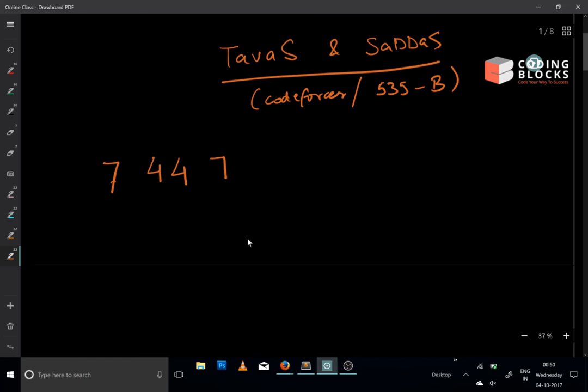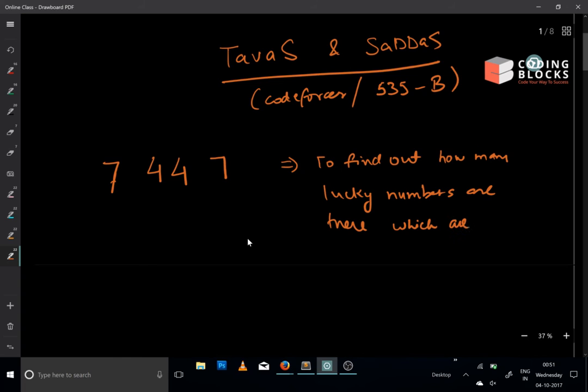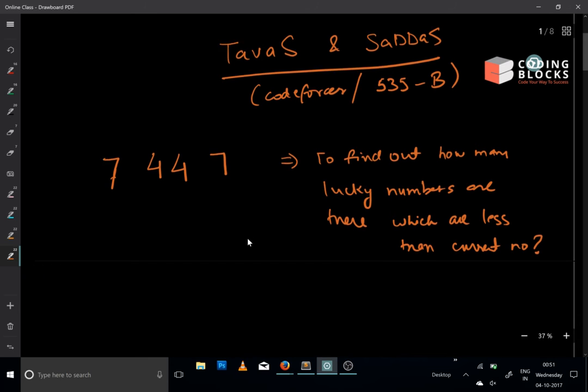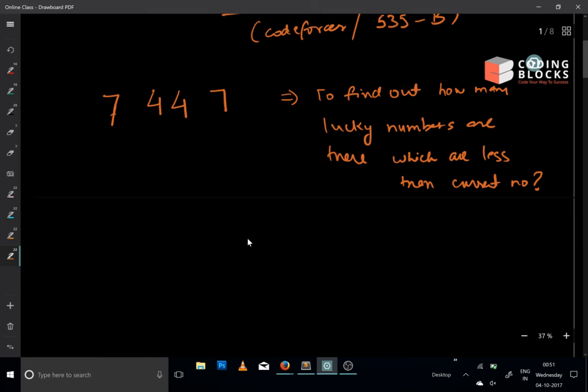So one idea is to find out how many lucky numbers are there which are less than the current number. So you can clearly see this is a 4-digit number. Or in any case it is an n-digit number, right?